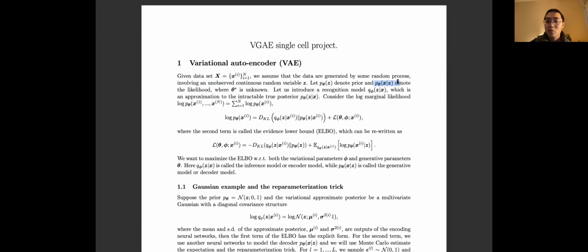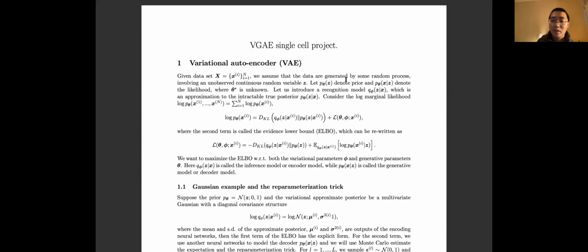Because we don't know the true P theta, we introduce a recognition model Q phi Z given X, which is an approximation to the intractable true posterior P theta Z given X.